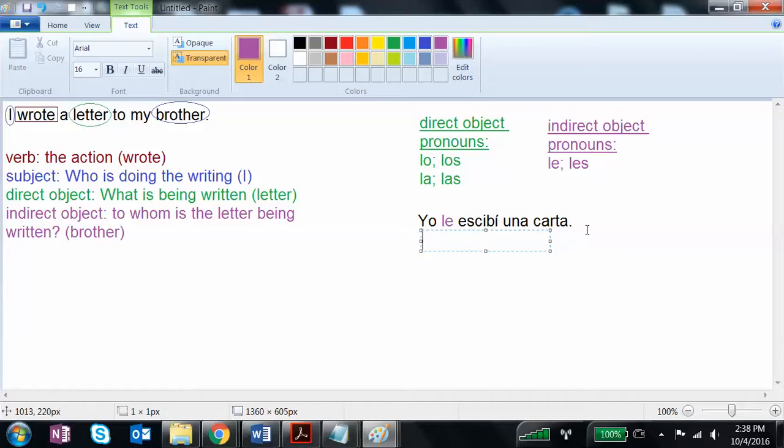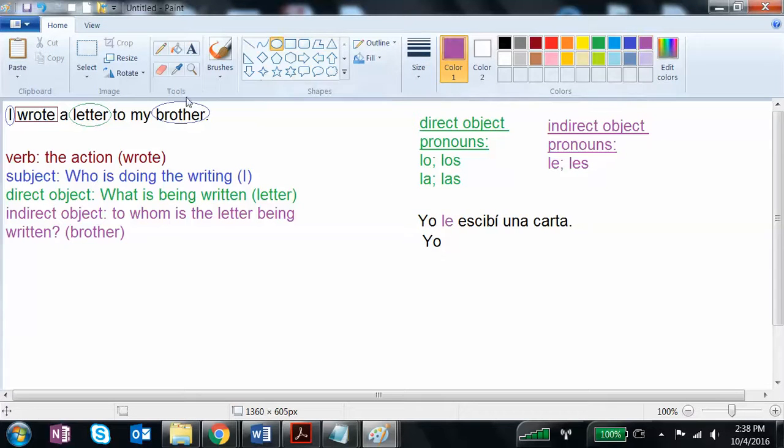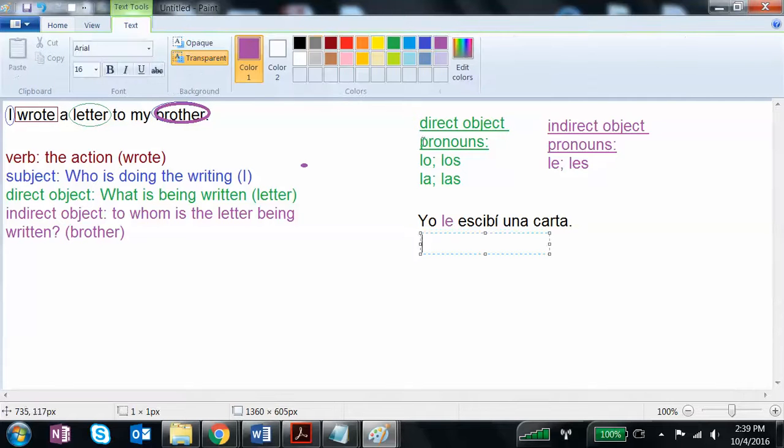I wrote it to my brother. Escribí a mi hermano.